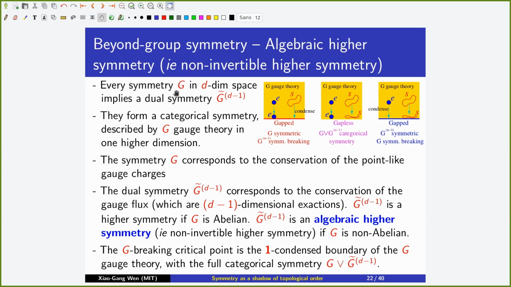If G is a non-abelian group, like the S3 group, or some dihedral group, some kind of Platonic group, some non-abelian group, then the dual symmetry is a beyond group symmetry.